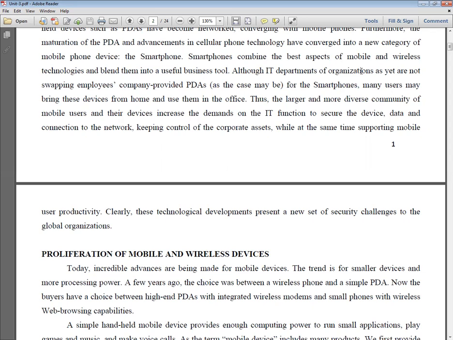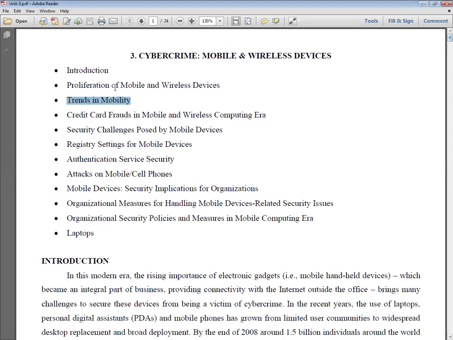Suppose an organization is based in a rural area, it could not get any sort of internet on its mobile phone. So for that purpose, the smartphone was introduced, which has both the aspects of mobile and wireless technology. Okay, this all comes under the introduction of this particular unit, Cybercrime, which comes under mobile and wireless devices.